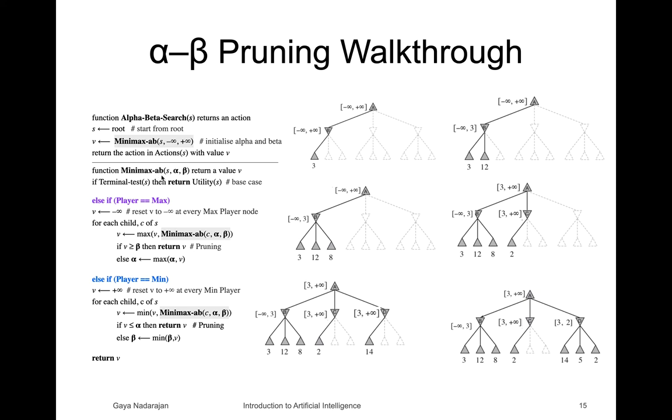So we're in here, we've called the function, state is root, alpha is minus infinity, beta is plus infinity, and we're going to do the first terminal test. So we're going to check whether this is a terminal node. Turns out it's not, so we can't do the base case. Then we're going to check, is the player max? And at this point, this is max. So yes, we are max, okay?